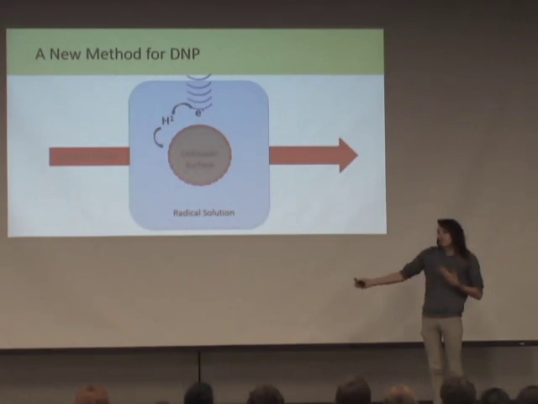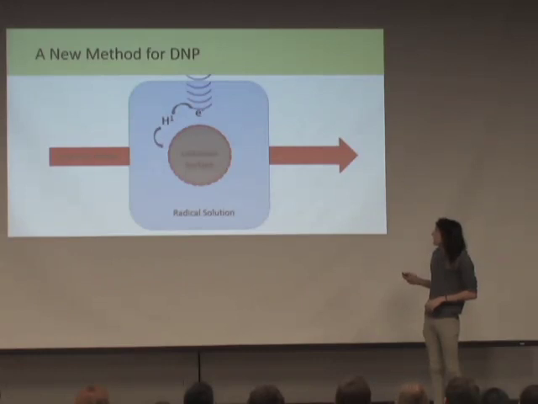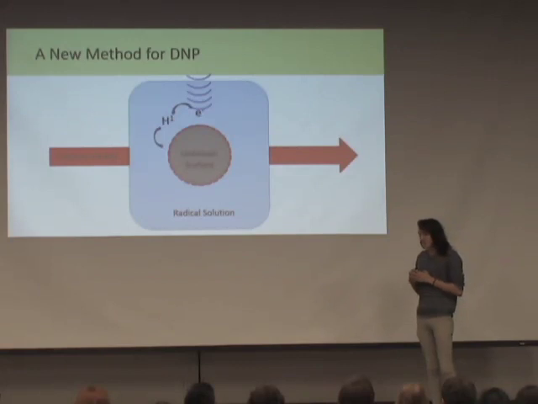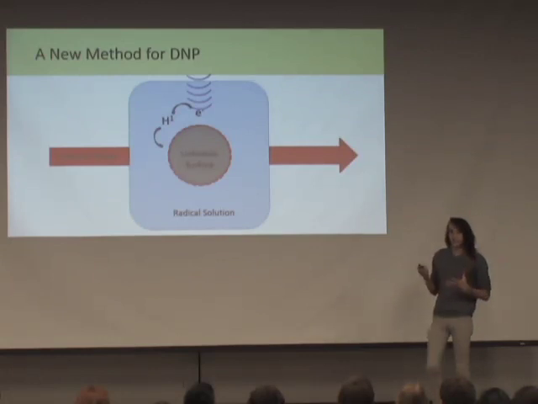Then if we run pulses through an inductor, we can transfer this proton spin to protons and carbons in the surface and get information about the surface, like the structure of it or the properties of it and how the radical solution is interacting with the surface.